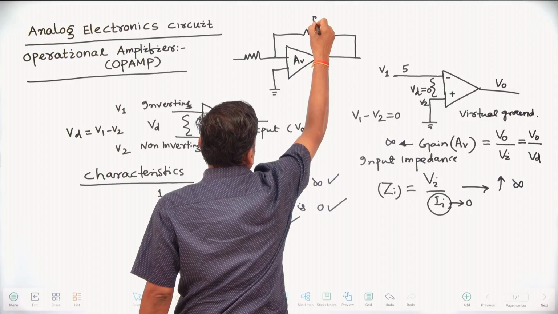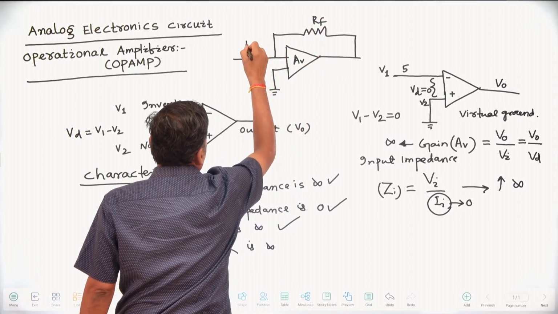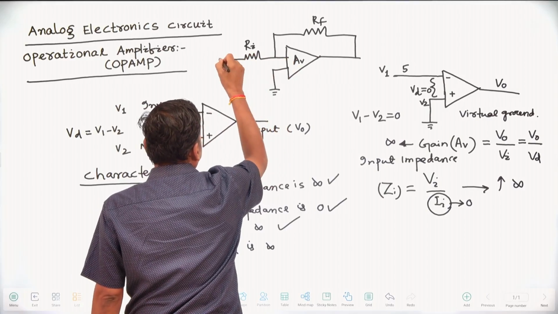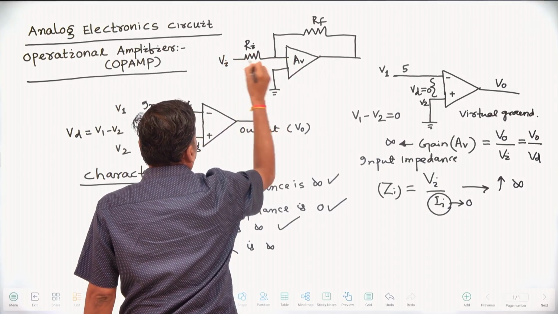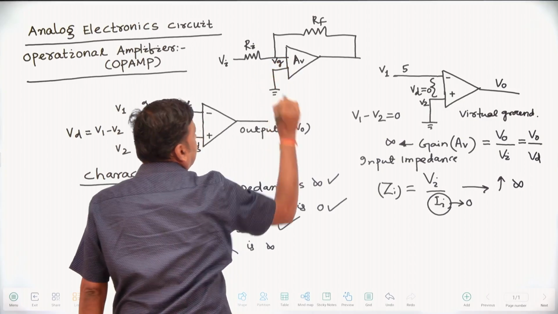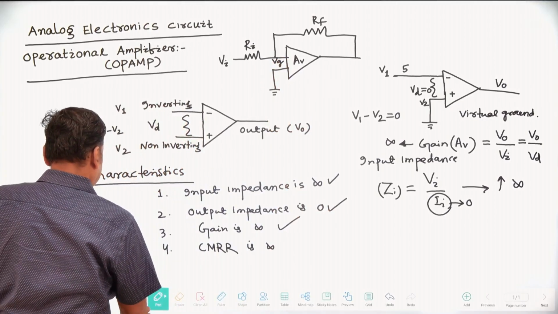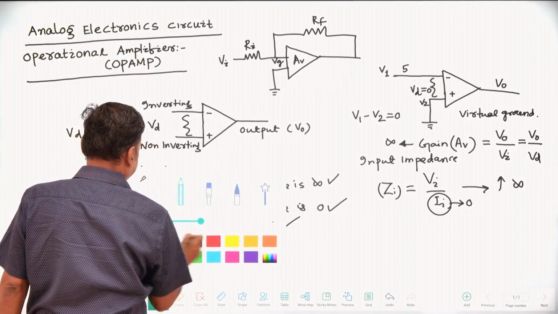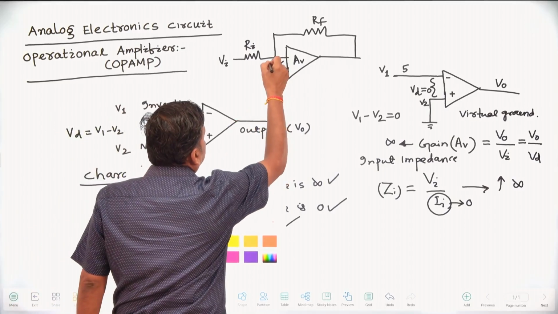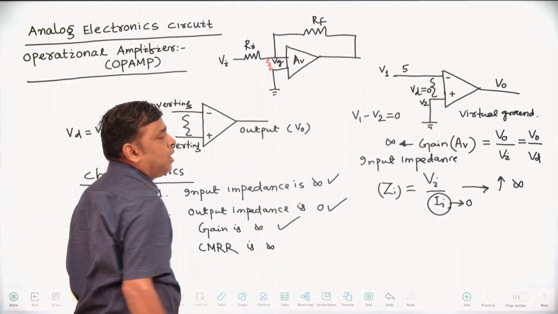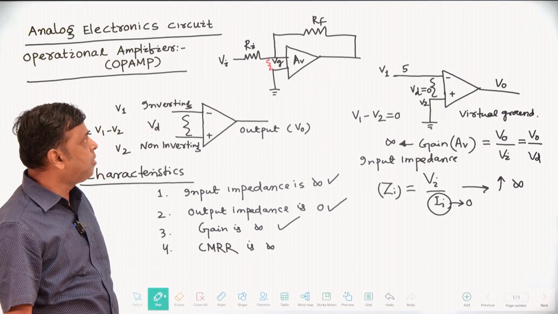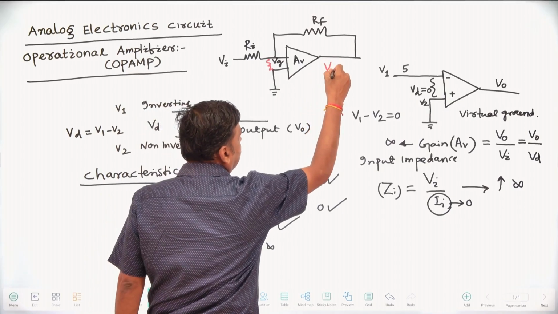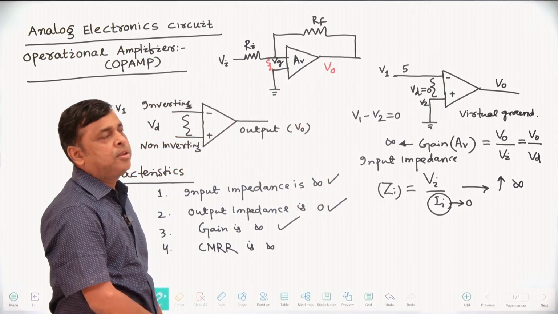Suppose this is the resistance RF, and this is RI, and let this be VI, and let this be VG. When you are going to solve operational amplifier problems, you have been asked to find the output voltage V0 with the values given.